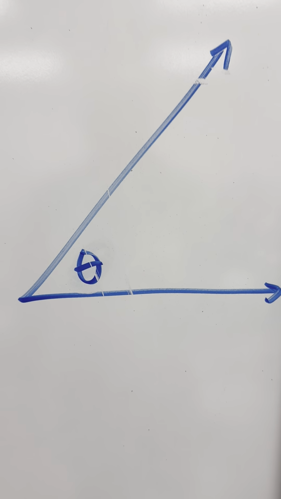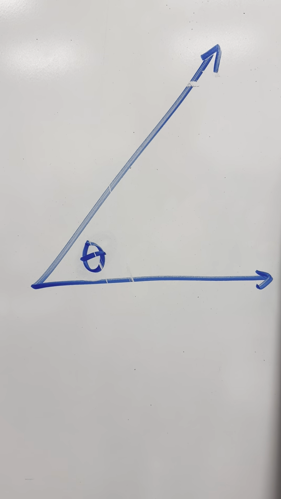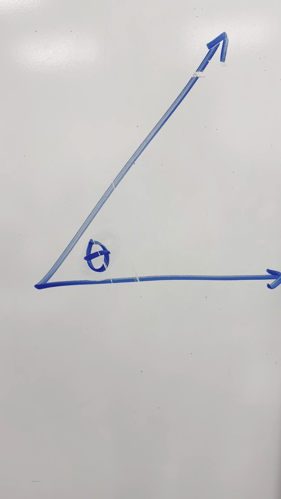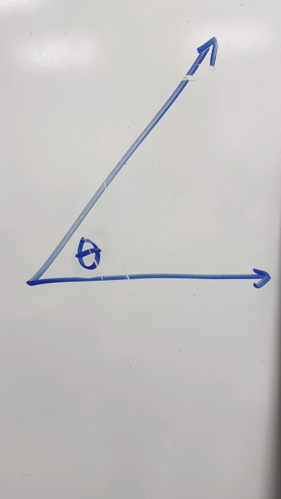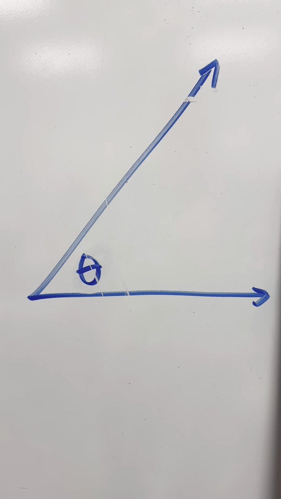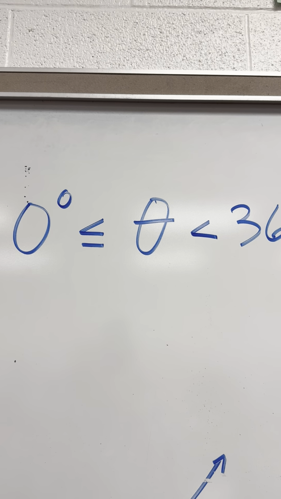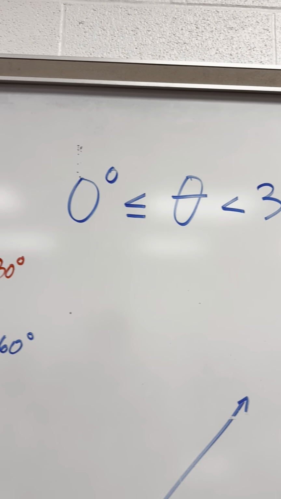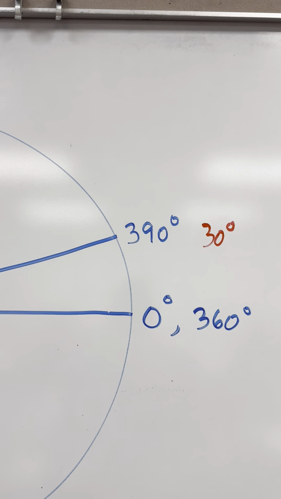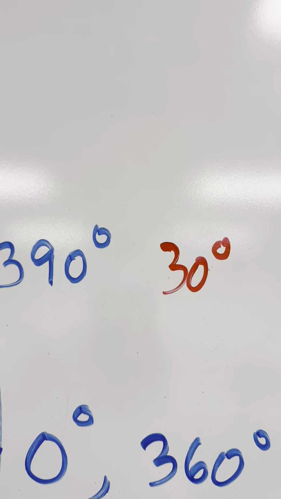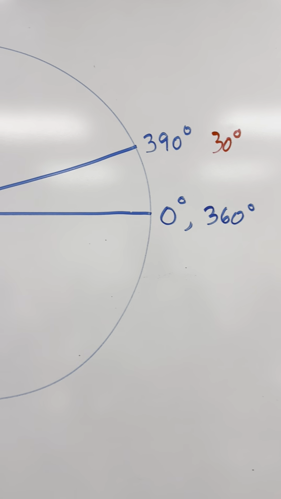It represents the angle, the degrees of an angle. So just roll with it, please. Theta just means the angle. Don't sweat it, all right? So theta is between 0 and 360. So in this case, what angle between 0 and 360 is coterminal with 390? Well, 30. That's all you have to do.